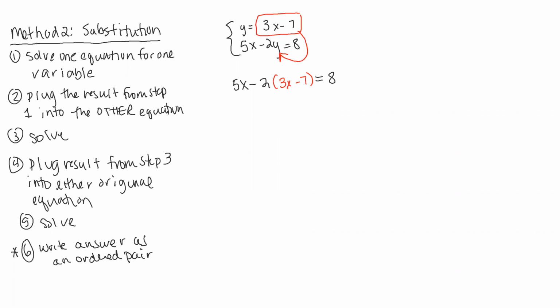To solve this, I would distribute my -2. So -2 times 3x is -6x, and -2 times -7 is +14. That all equals 8. Then I simplify the left-hand side: 5x minus 6x is -1x. So I get -1x plus 14 equals 8. Next I need to get the -x alone, so I move the 14.